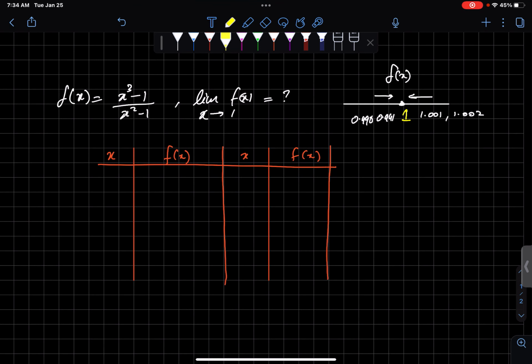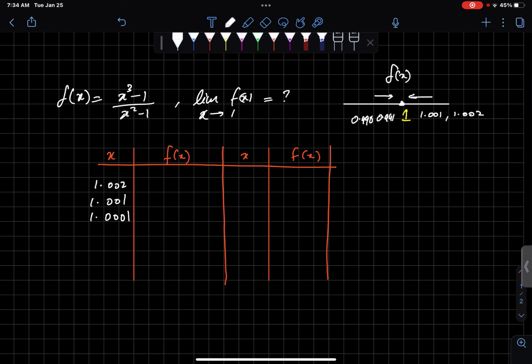Okay, so let's say we have these values for x: 1.002, 1.001, 1.0001.